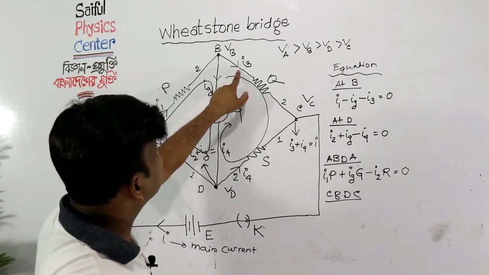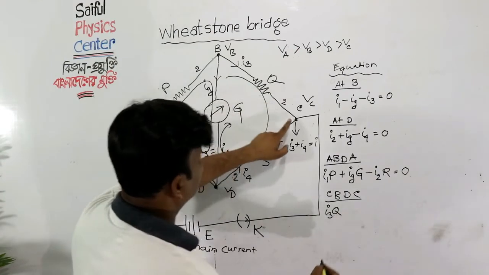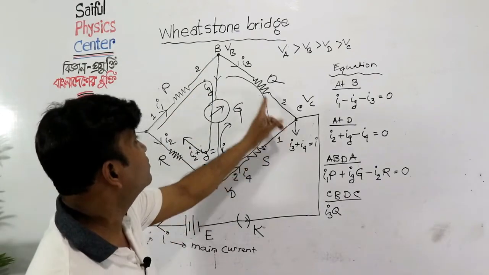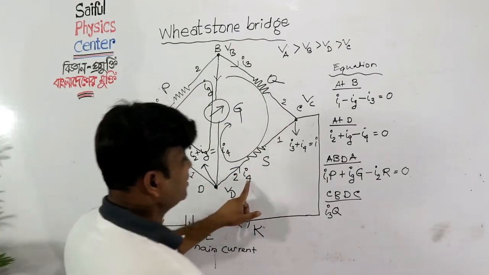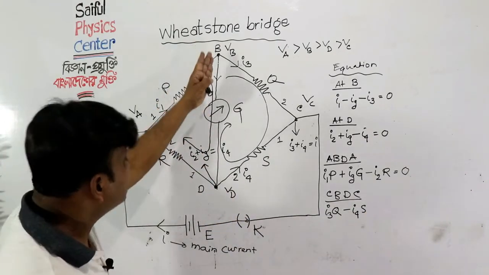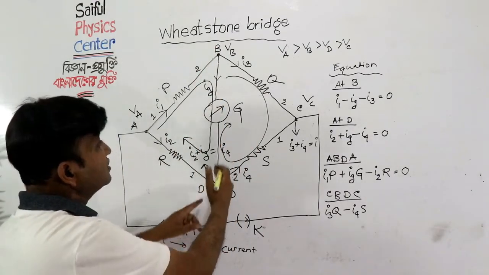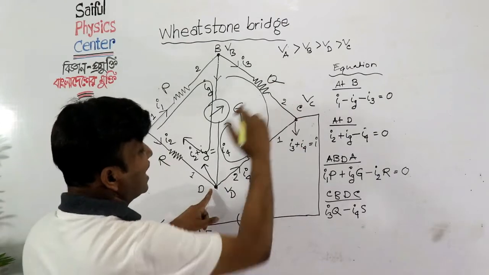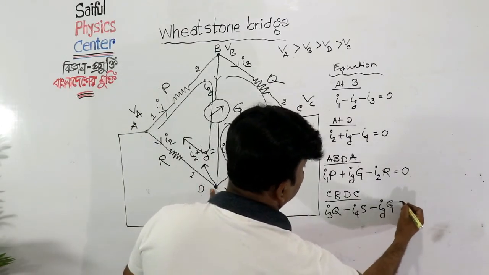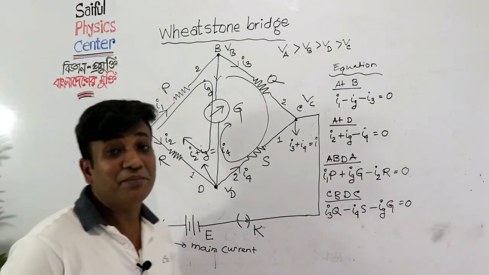So here I3 is clockwise, that's why it will be I3Q. Again, I4 is anti-clockwise, flowing opposite to I3, that's why it will be minus I4S. Again, IZ is flowing anti-clockwise, its direction is downward, opposite to I3, so it will also be minus IZG, equals to 0.